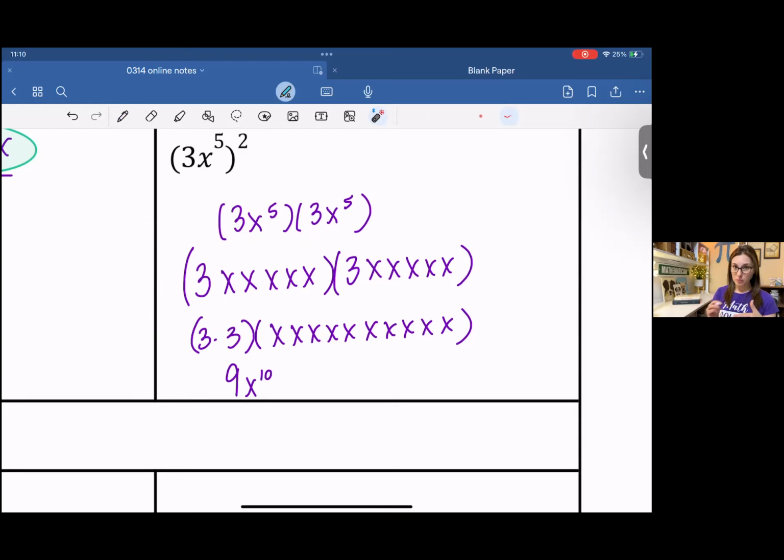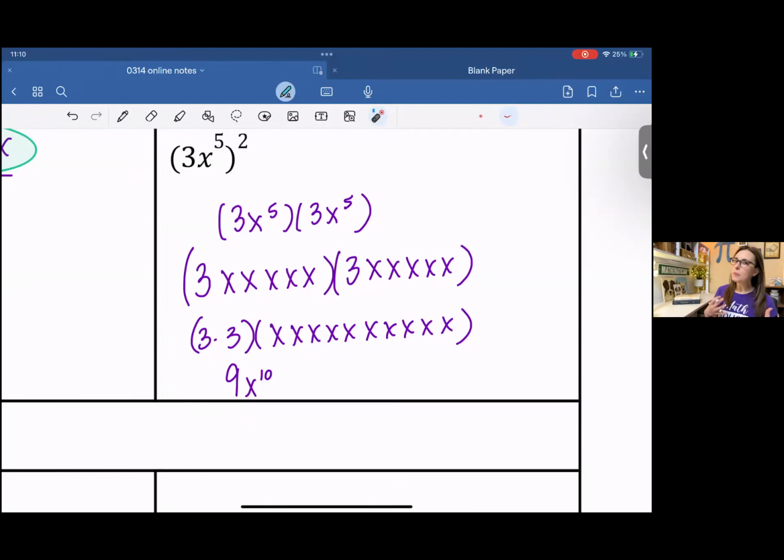So we end up with 3 times 3, which is 3 squared, which is 9. So what's happening here is I am actually squaring the 3. The 3 is a number component, it's a coefficient, and I am actually squaring it. 3 squared is 9. But I did not get 5 squared here. I got 10. 5 squared is 25.